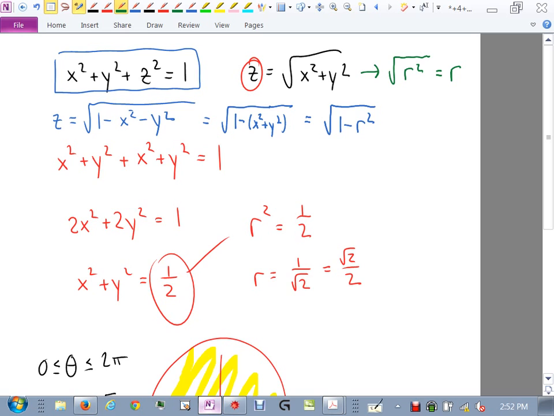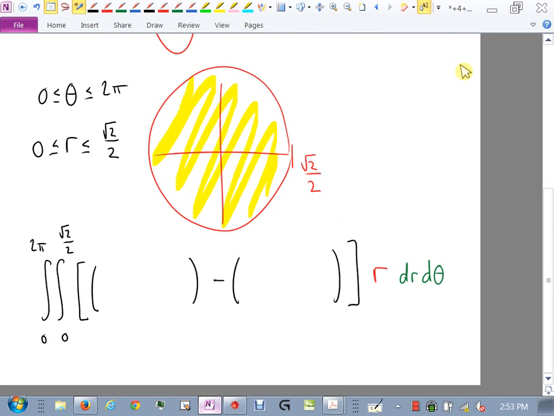So that means my top function, which was the sphere, turned into this when converting to polar. And then my bottom function, which was this cone, converting to polar just turns into r. So I put in here the square root of 1 minus r squared, and then over here, r. Follow?